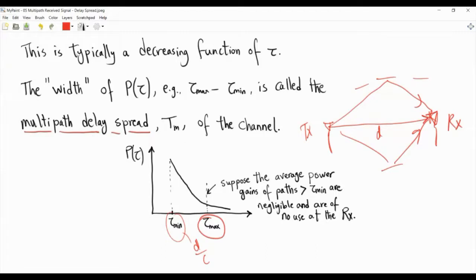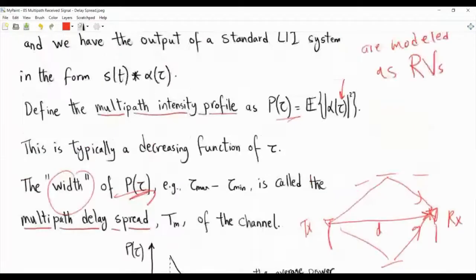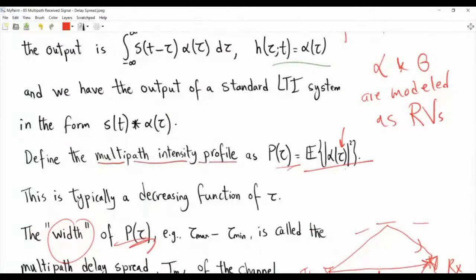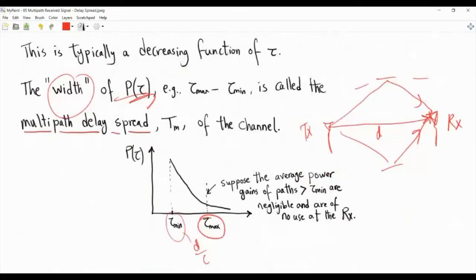This is the width of P of tau, the function called the multipath intensity profile, which is the expectation of magnitude alpha of tau squared. It's a function with a width, and this width is called the delay spread, and you can think of it as tau max minus tau min.